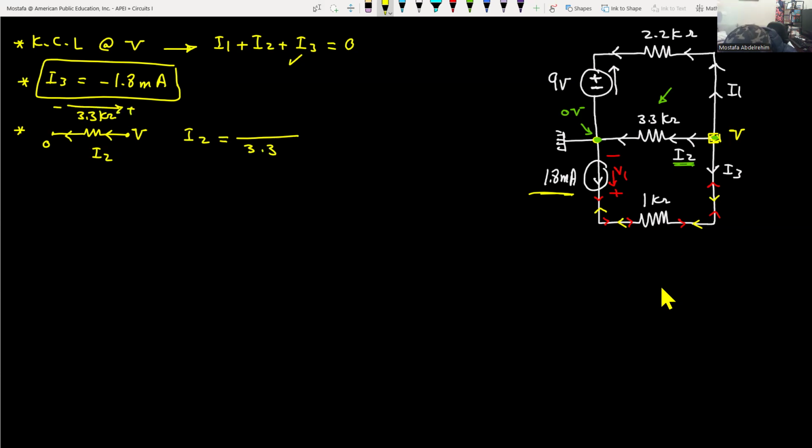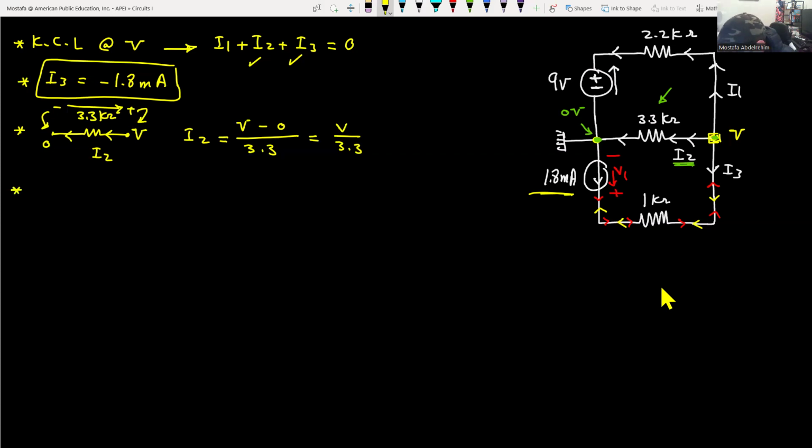So that's positive, that's negative. So the voltage of the resistor is equal to the voltage of the positive terminal minus the voltage of the negative terminal. The voltage of the positive terminal is V. The voltage of the negative terminal is 0. So V minus 0 divided by 3.3. So that's equal to V divided by 3.3. So we also have an equation for I2 in terms of V.